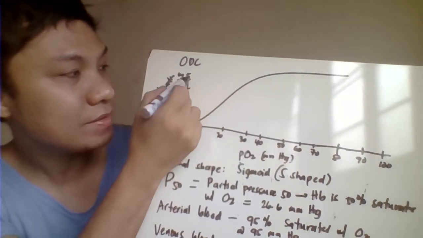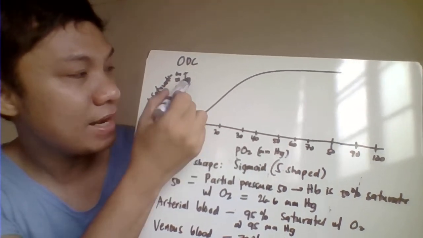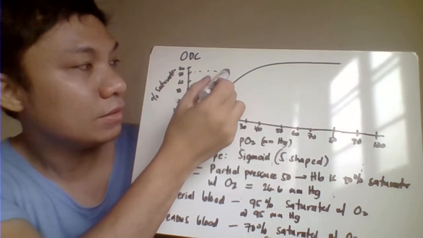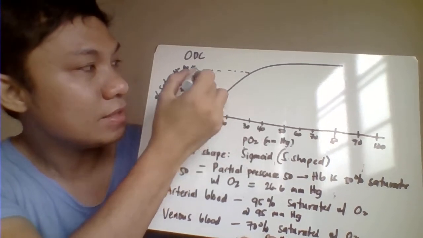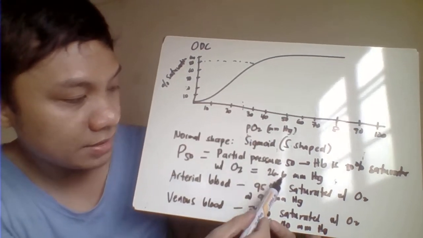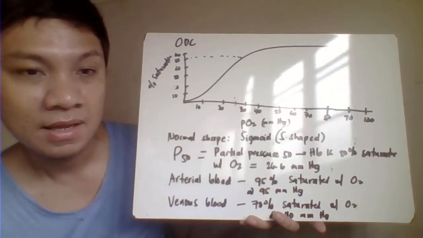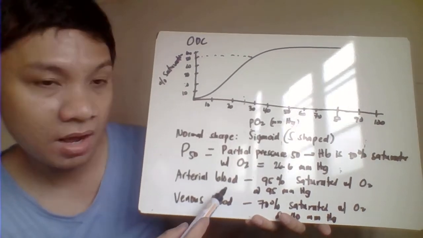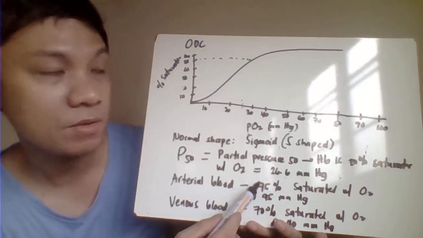Kung itong 50%, hanapin mo dito, kung itong normal, hindi lang maganda ang drawing ko dito. Pag hinanap mo dito, ang 50% nito ay makikita sa dito na part. That's 26.6 mmHg. On the other hand, arterial blood is 95% saturated with oxygen.